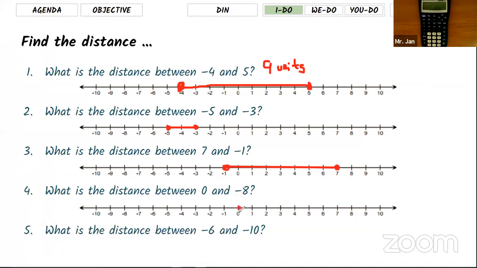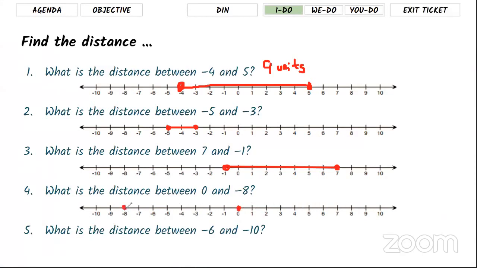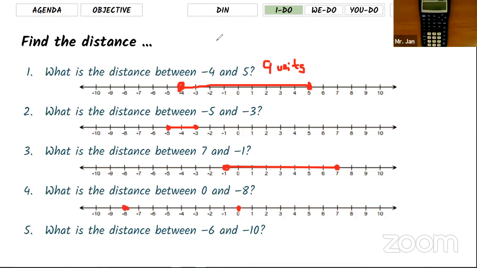We're going to locate the 0 and we're going to locate the -8. I apologize, it's on the left side. Then you need to find the distance between these two points, which is the length of this line, and it's 8 units. It doesn't matter left or right because distance is always represented with positive numbers.